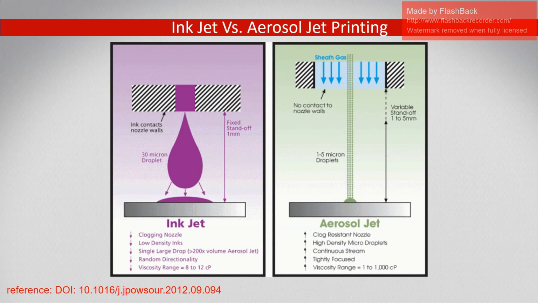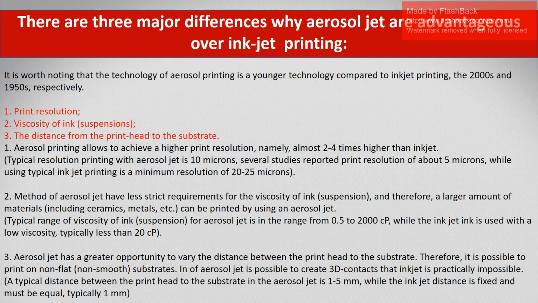The major difference between inkjet and aerosol is continuous streaming and non-continuous streaming. There are three major differences why nowadays people use aerosol jet printing over inkjet printing. The first one is the print resolution.